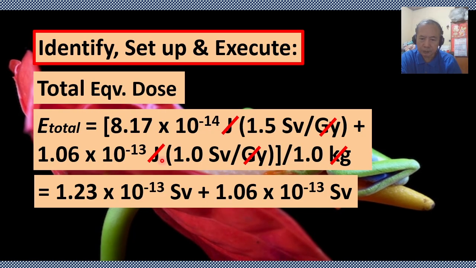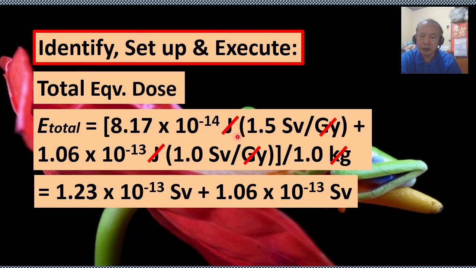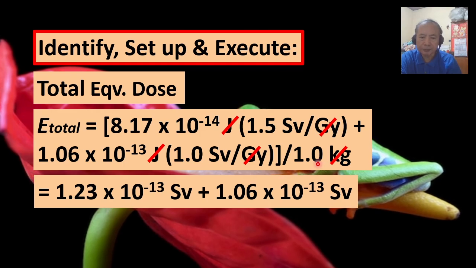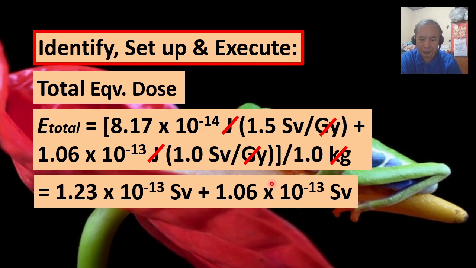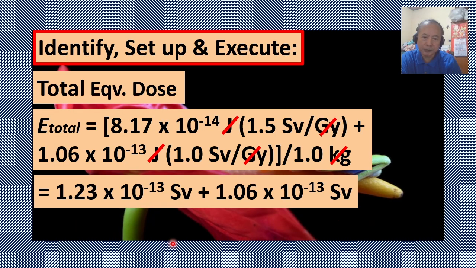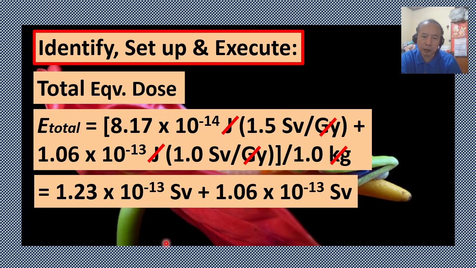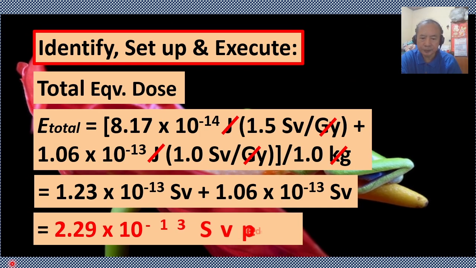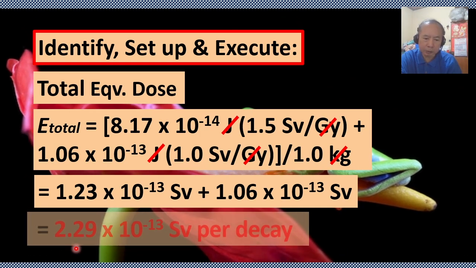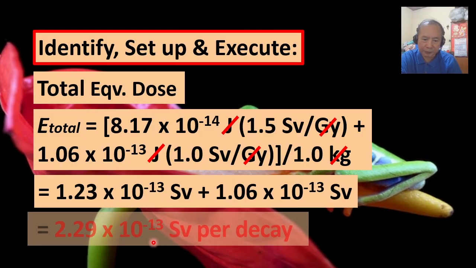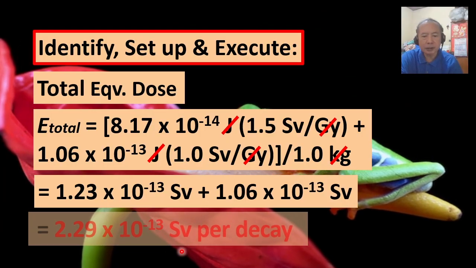As shown, we just canceled the unit joule and the unit kilogram. So when we do our math, we finally obtained the value of the total equivalent dose, which is 2.29 times 10 raised to the negative 13 sieverts, right?